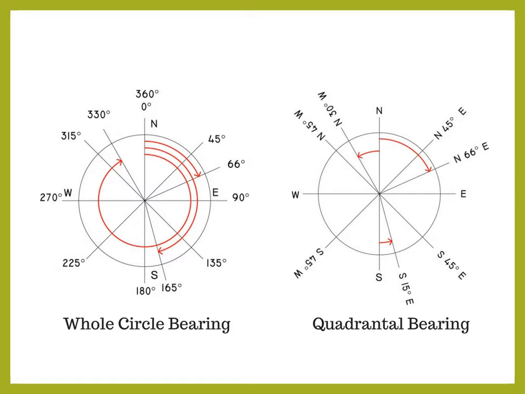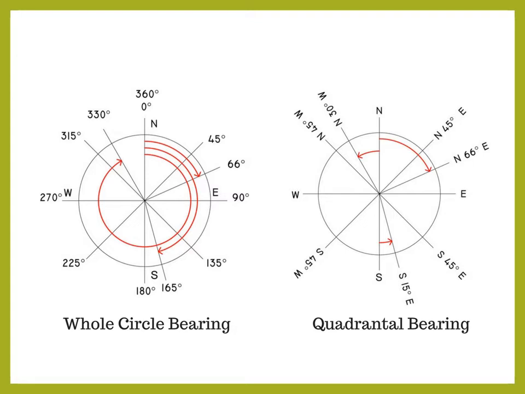It is located in the northeast quadrant. If it is located in the first quadrant, that is the northeast quadrant, in quadrantal bearing also we have the same 45 degree, but we have to write it with the quadrant where it is present. So north 45 degree east.